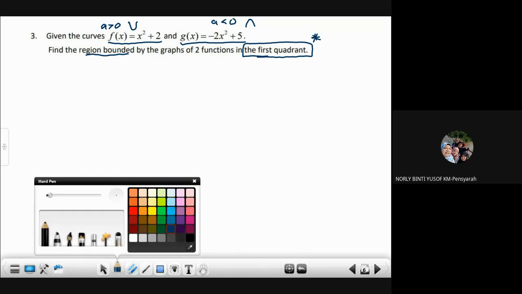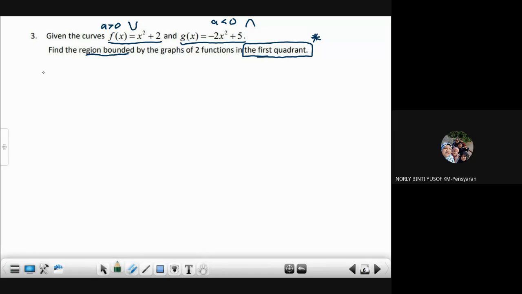Okay, so kita lukis dulu graf. Kita ada dua graf. So firstly kita ada graf y = x squared plus 2. Okay, yang ni pun sebenarnya dalam form of standard form lah. That means you punya minimum point kosong lah dalam ni kan, x tu kosong, y tu 2. Senang kan kalau yang ni lah dalam bentuk standard form.